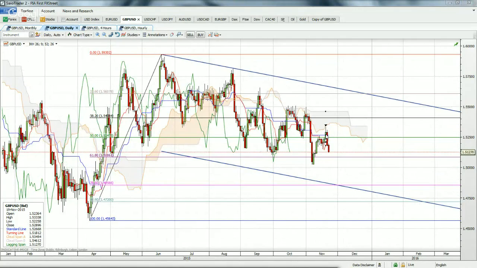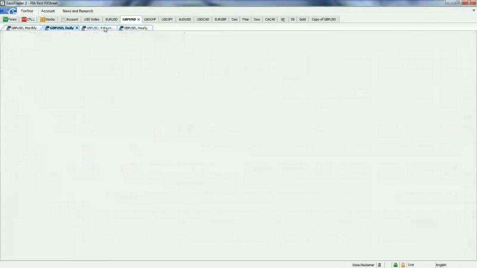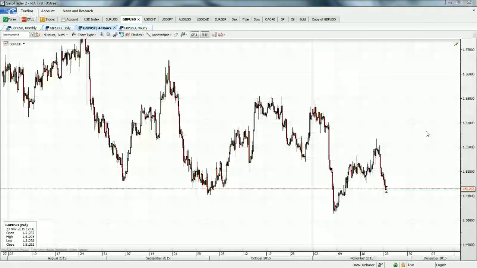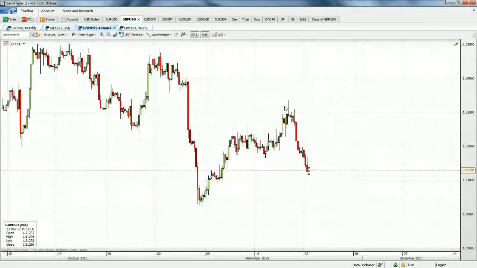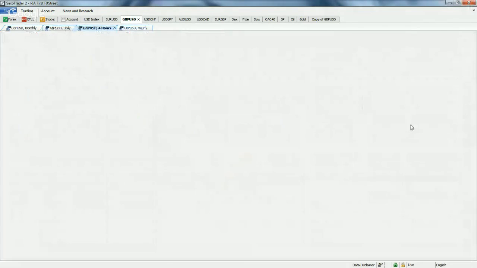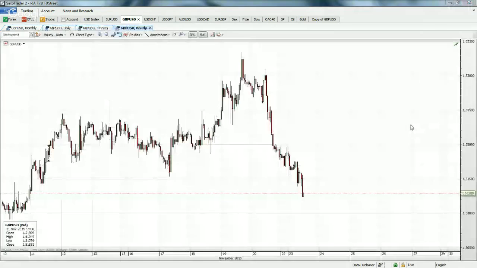Intraday signals are looking slightly oversold, but there is nothing to highlight. Again, going to 4 hours, there's nothing to highlight that this sell-off is coming to an end.